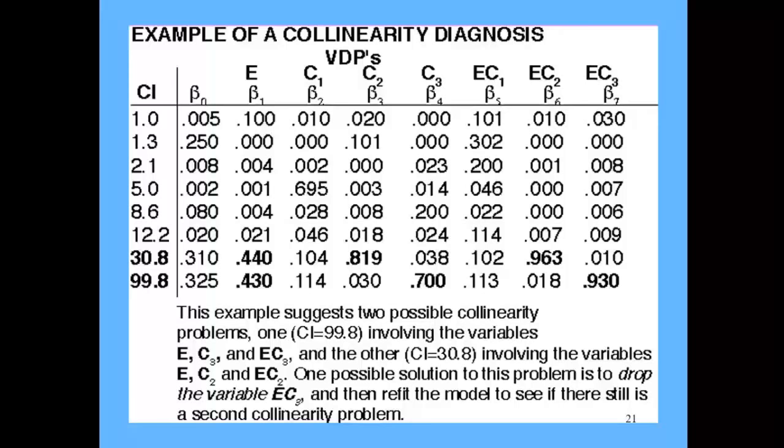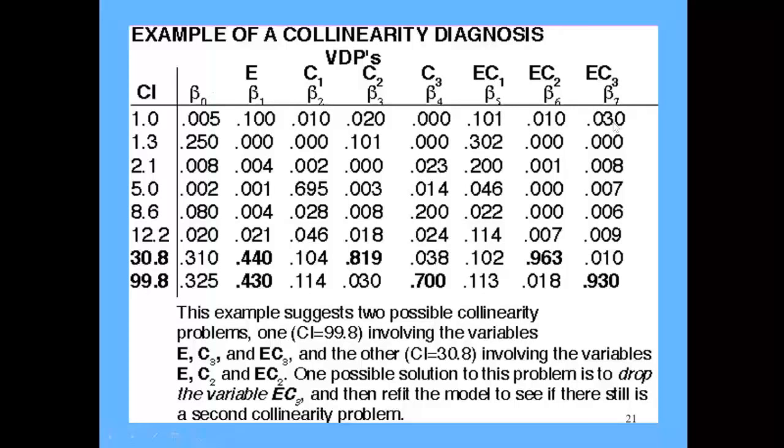So you might say, I don't like this, how high is high, but these people spent half their life, I don't know how much they spent, on trying to figure this thing out. Now these numbers are called VDPs, variance decomposition proportions. That's what these numbers are. And you're going to get this for every condition index, you're going to get a row of variance decomposition proportions.